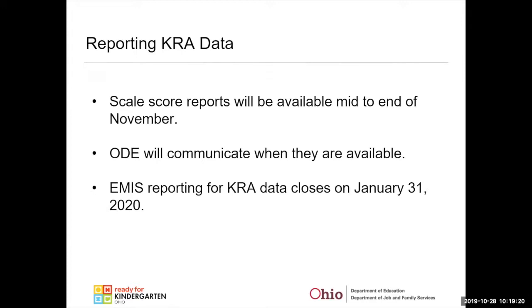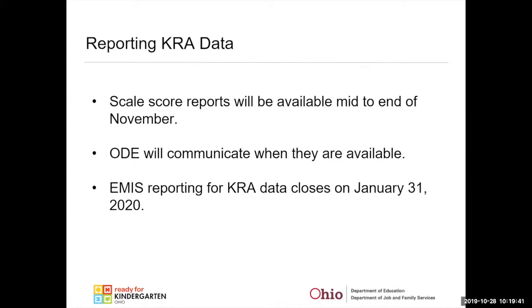We will always communicate with data managers when those are available. So look for an email coming out from our office later in November. We're hoping that they will be ready before the Thanksgiving holiday. So again, we will communicate with you when they are available.